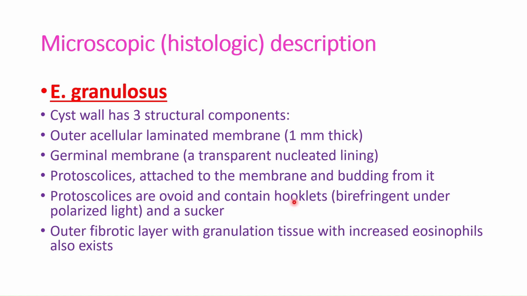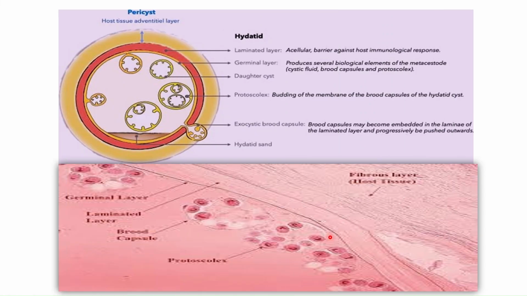Protoscolices are ovoid and contain hooklets. They are birefringent under polarized light and have a sucker, and the outermost fibrotic layer with granulation tissue with increased eosinophils is also present. So, this is the diagrammatic picture of this hydatid cyst.